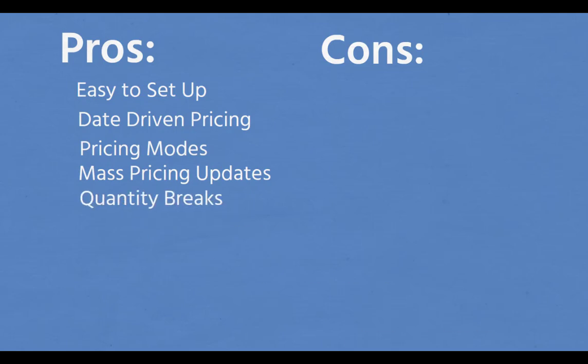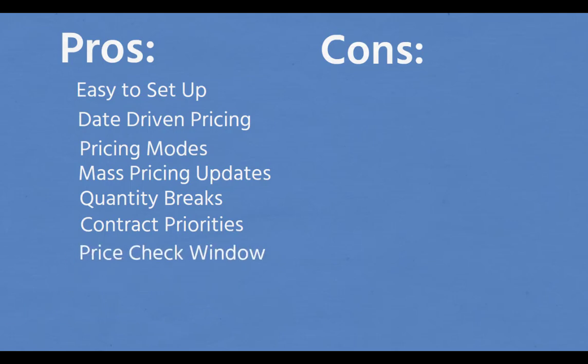You can create quantity breaks and assign a different pricing method to each break. You can assign a priority to a contract. There's a price check window to review pricing, and it can be used with invoicing or sales order processing. And also there's a recalculate option for transaction lines, transactions, and batches.